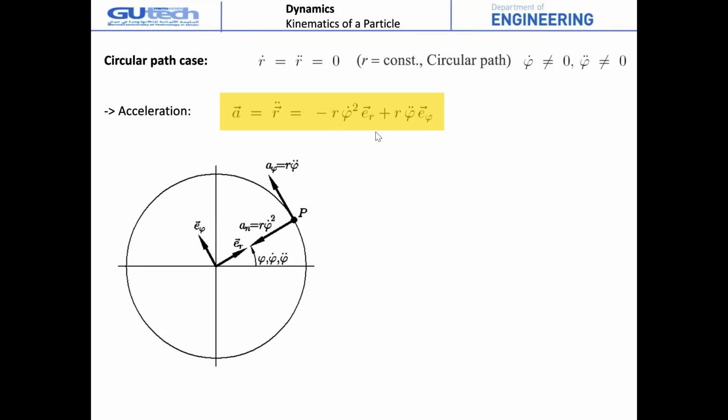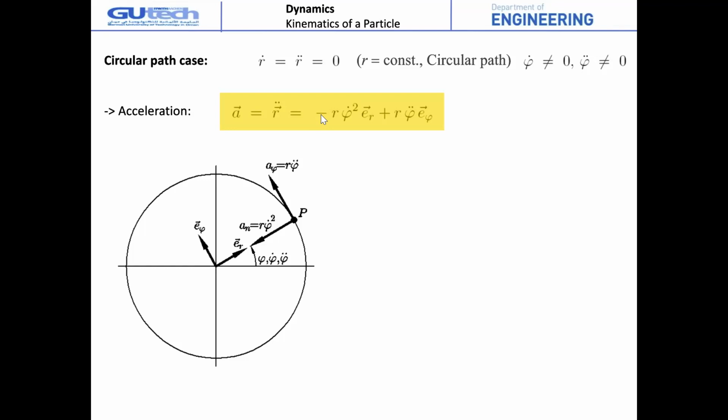As you can see here, for the acceleration there are two terms. In the circular path case, the acceleration has a component in the phi direction, the circumferential direction, and a component along the radial direction.